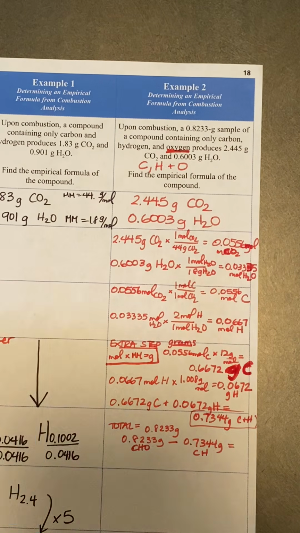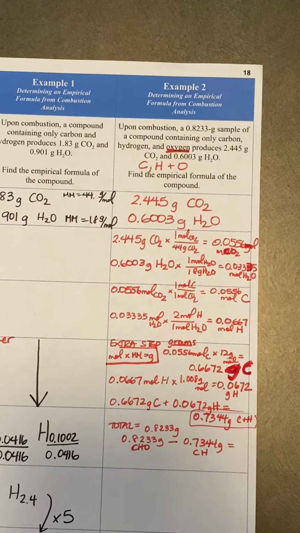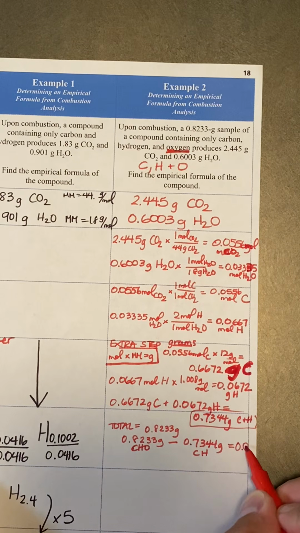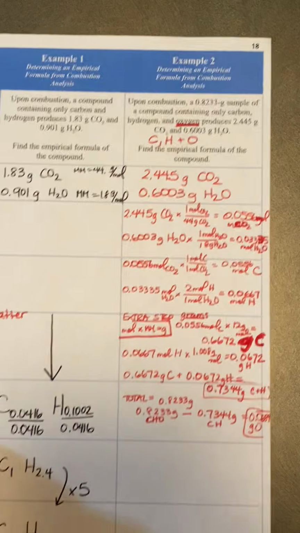So if I do this correctly, 0.8233 minus 0.7344, and I get 0.0889 grams of oxygen in the compound. Okay?